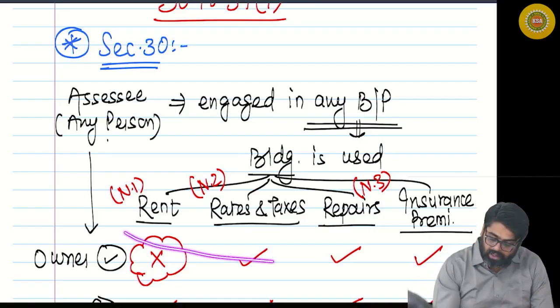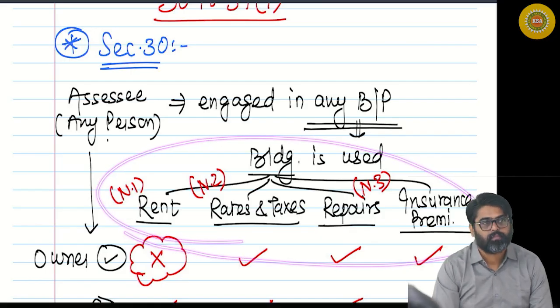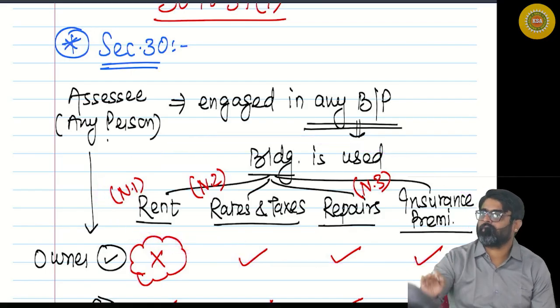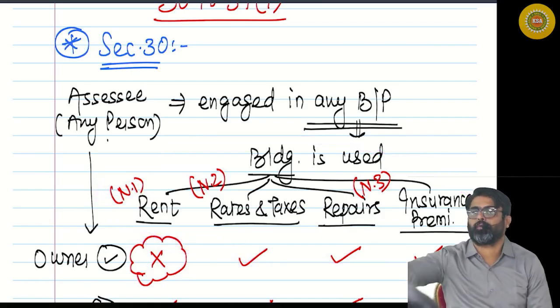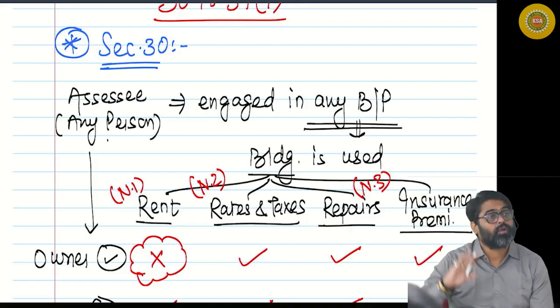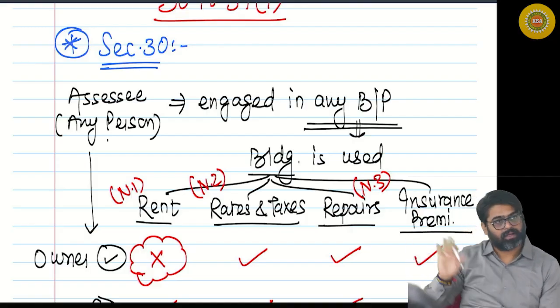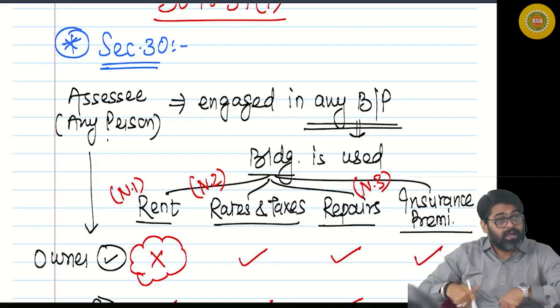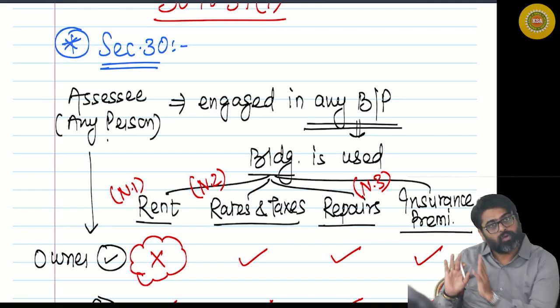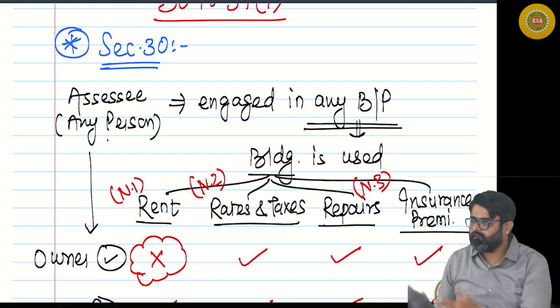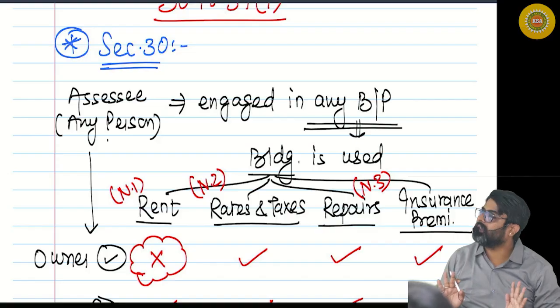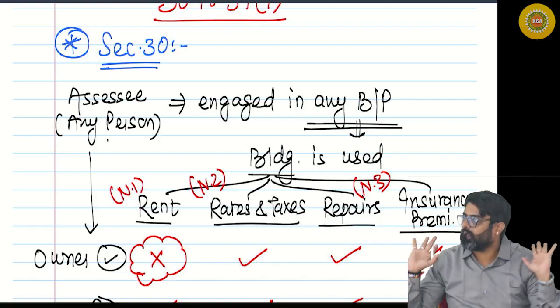So by taking the deduction available under section 30, what are you going to do? If you incur any of these expenses, reduce these expenses while calculating your business or profession income. Yes or no? From your income, will you take the reduction? Deduction means, are you allowed to reduce these expenses? Yes, reduce these expenses. Understood? Section 30 over.